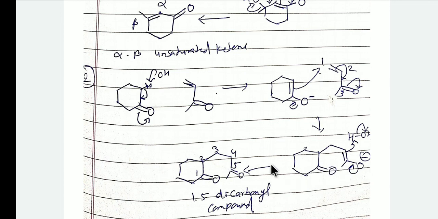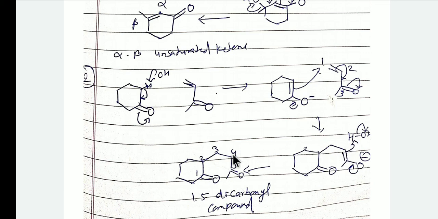Here, further due to resonance, the electrons of the oxygen atom are delocalized and displaced between the oxygen and carbon to form a covalent bond here. This double bond pi electron is also displaced to this carbon atom, so this carbon atom becomes negatively charged. This negatively charged carbon atom abstracts a proton from the water and becomes neutral.